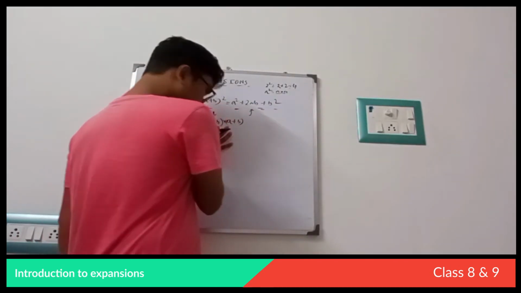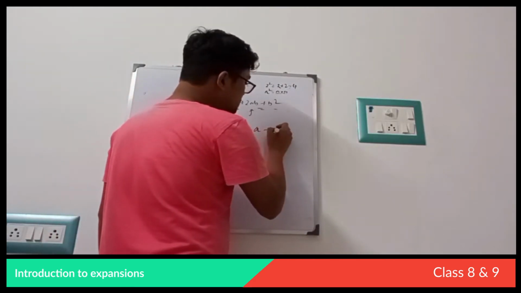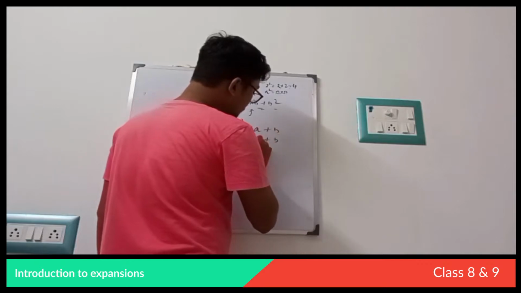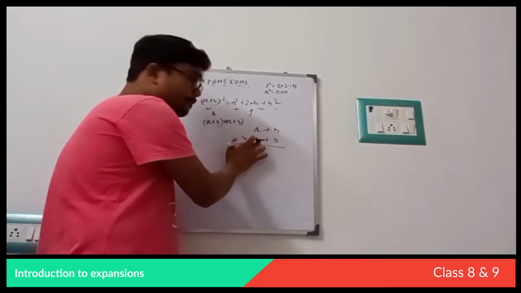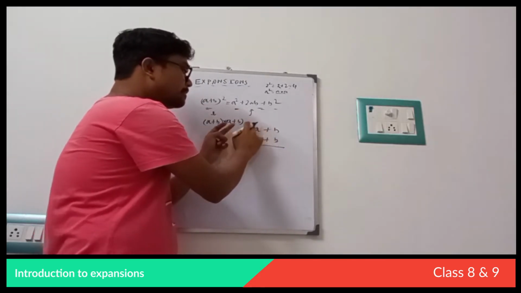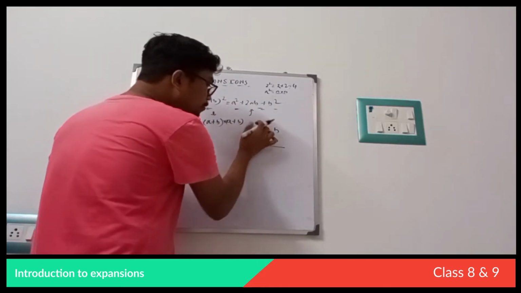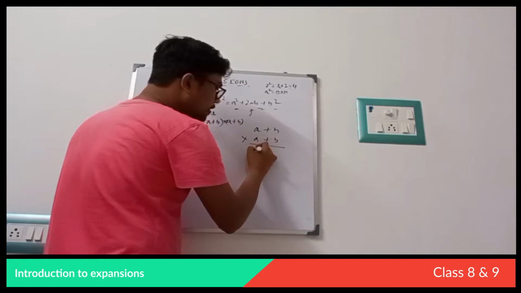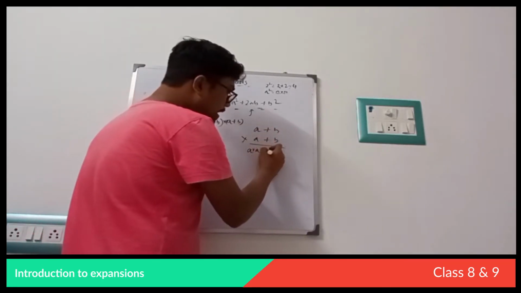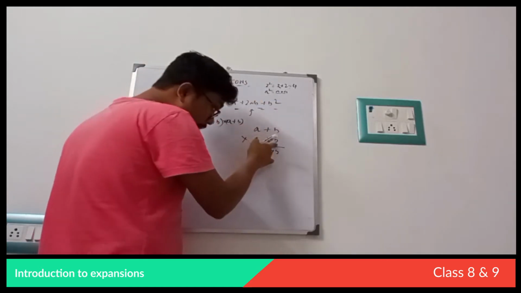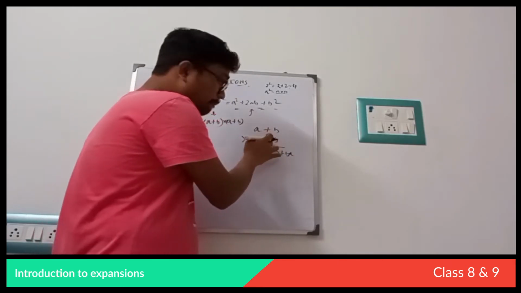Suppose here we multiply a plus b into a plus b. Fine? So you multiply it. So what will come? Take a first and multiply by both, then take b and multiply by both. So a into a, then this one multiplied with this one, a into b, then this one multiplied by this one, b into a, and lastly b into b.